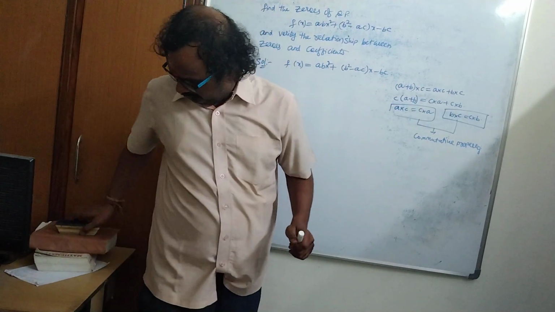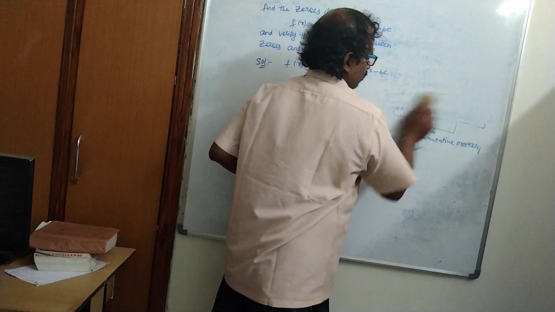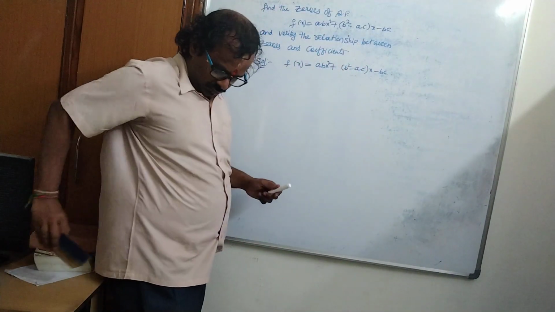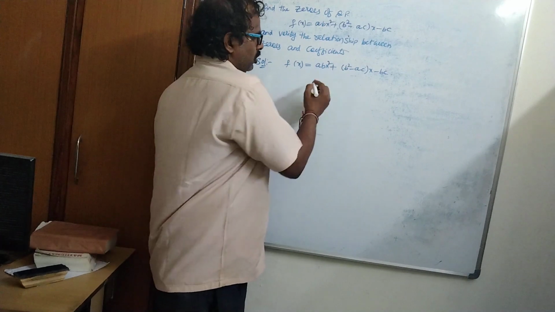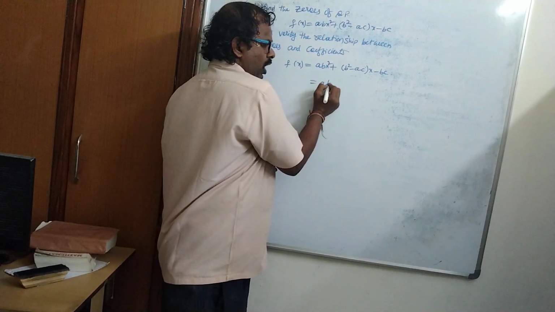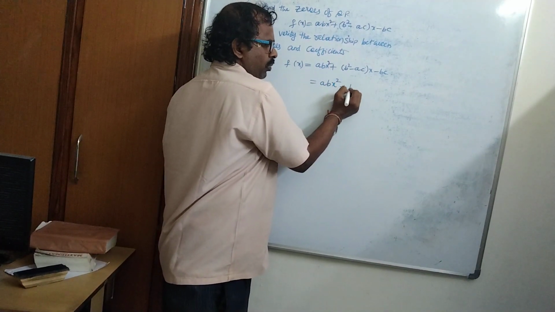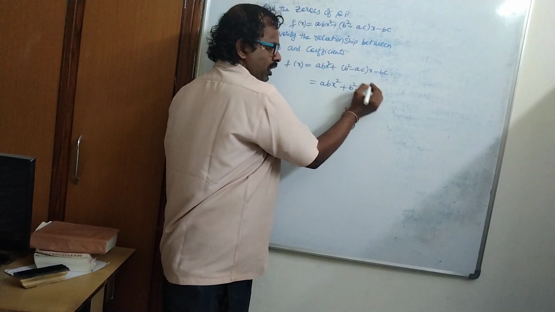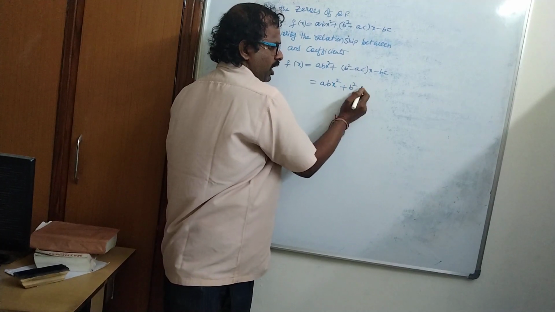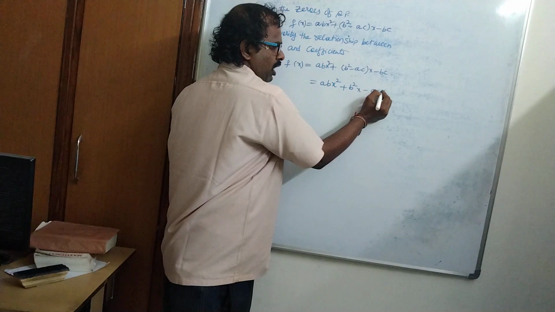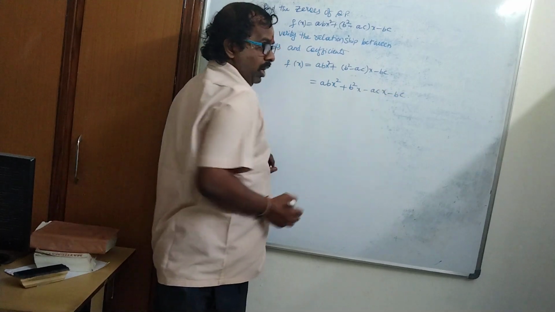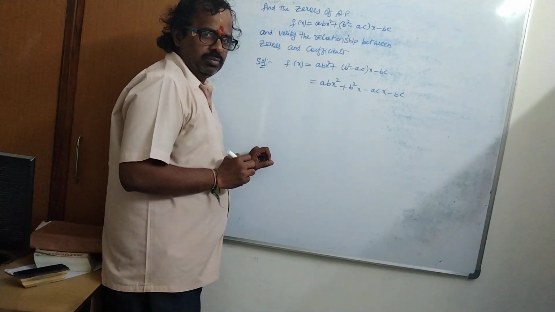So that is equal to abx square plus b square x minus acx minus bc.